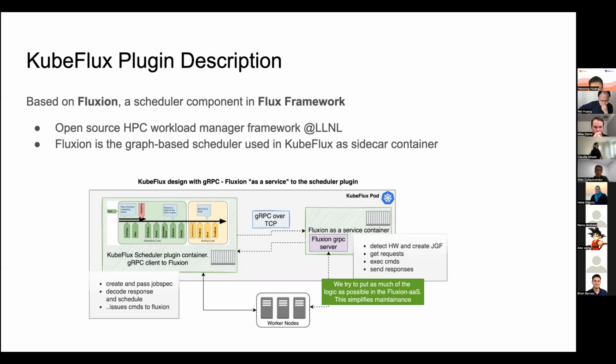Fluxion is a graph-based scheduler, and the entire Flux infrastructure targets the representation of the resources and the jobs as graphs.